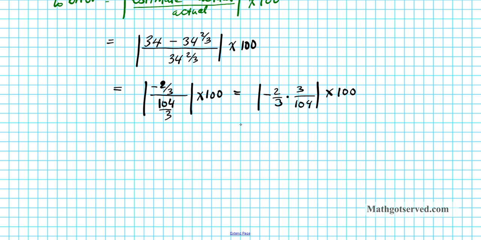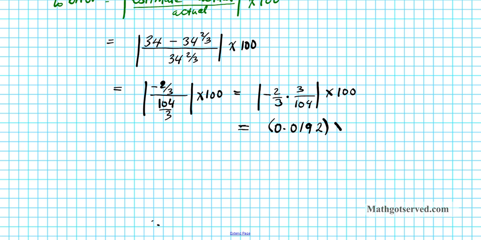If you plug this in your calculator, this is going to be approximately, let's use a decimal here, 0.19. I left out a zero. So let's do that again. It's 0.019, more precisely 0.0192 to 4 decimal places.